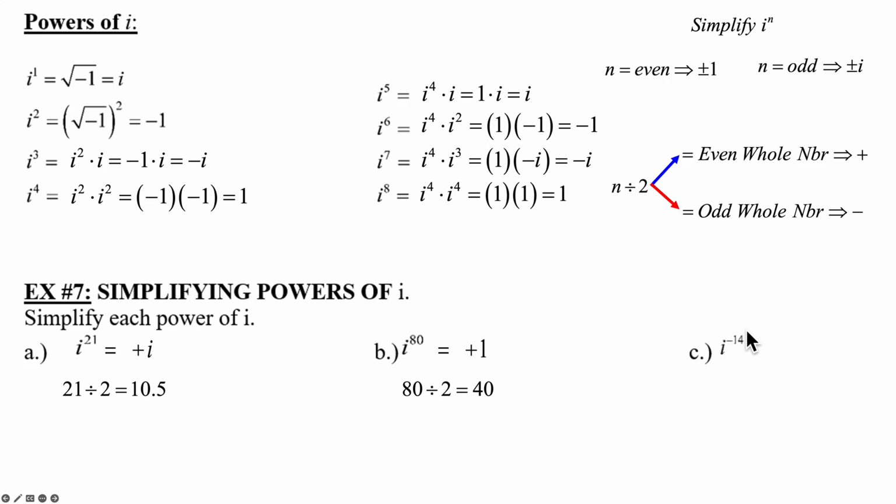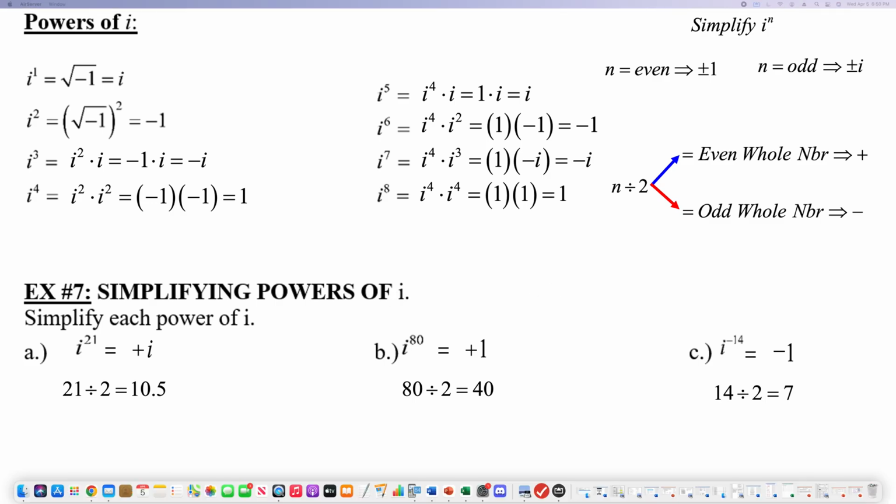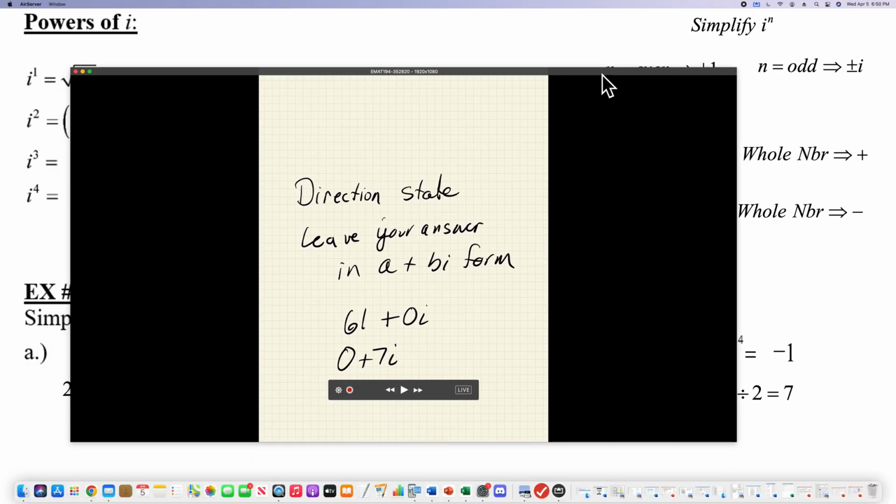Now, negative exponents are crazy. If it's a negative even power, you can still use this rule. Okay, it's an even, it's a 1. Negative 14, the 14 divided by 2 is 7. It's going to be negative. Now, why didn't I say negative 14? Okay, great question. Because the negative just changes the location of the base.